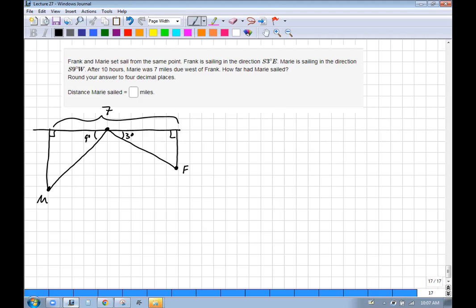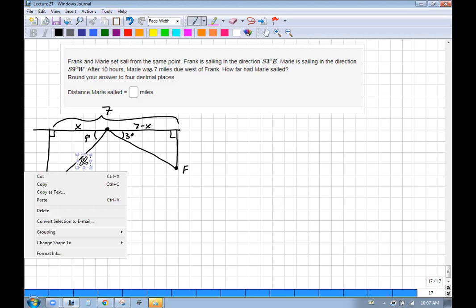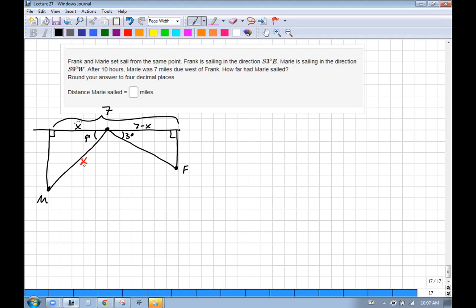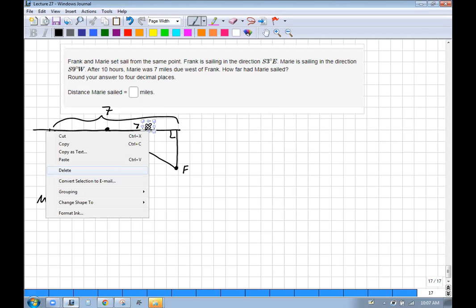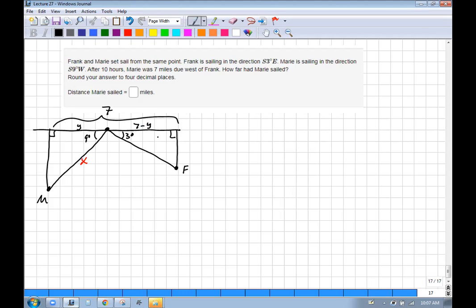So we have two right triangles. If I call this x, this has to be 7 minus x. No, I shouldn't call that x because we want to call this x. X is what we're trying to figure out, the distance. So let's call these y. I call this y, and this is 7 minus y.